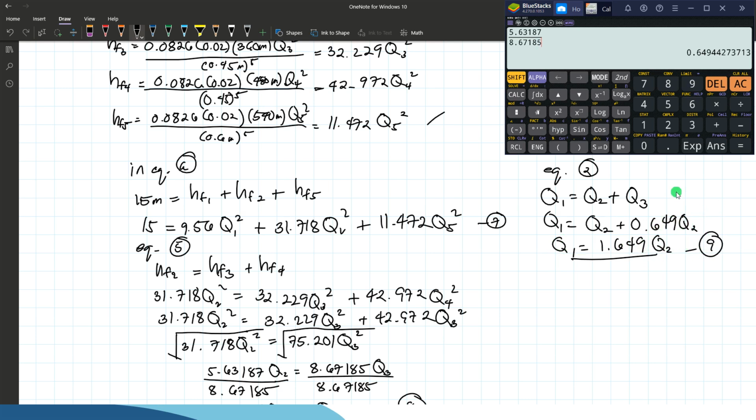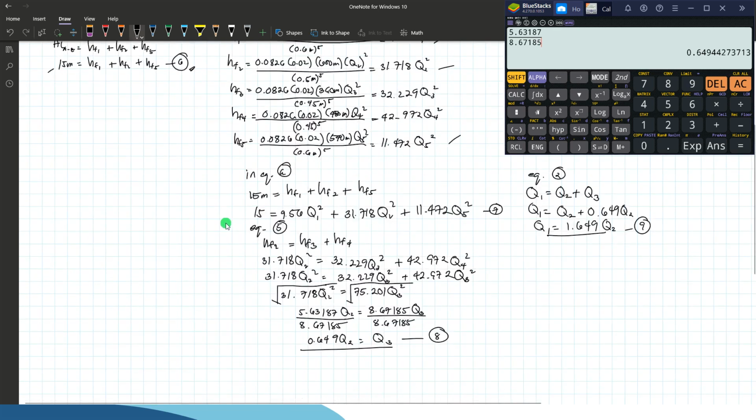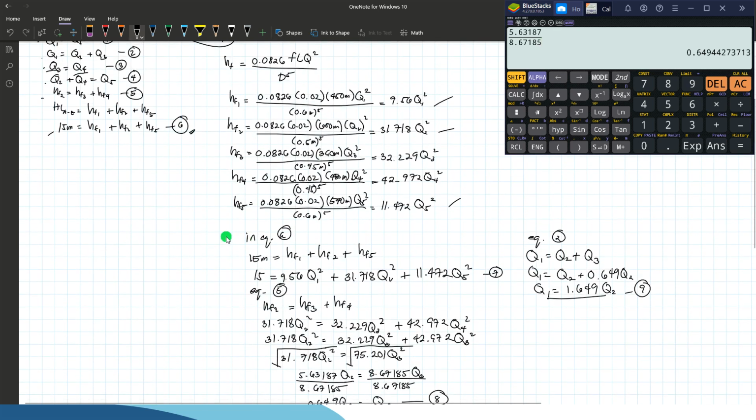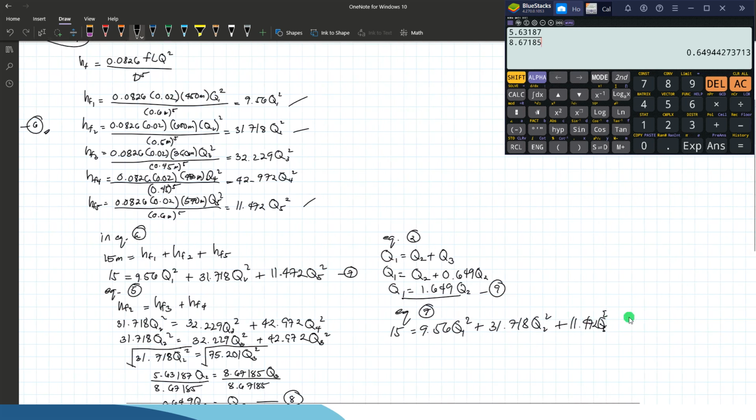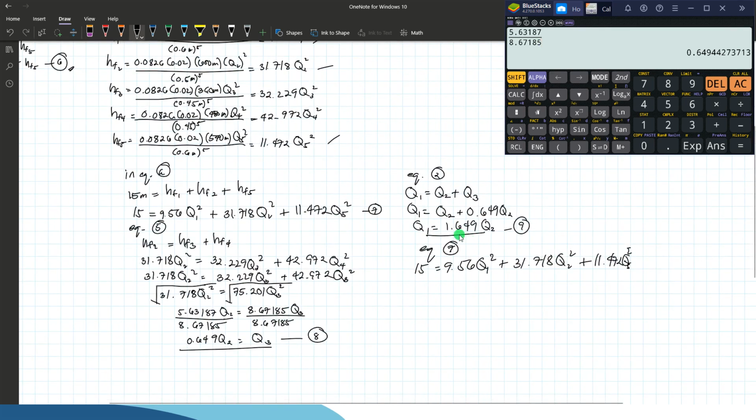Then let's refer again from our equations here. From equation number 7, which is 15 equals to 9.56 Q1 squared plus 31.718 Q2 squared plus 511.472 Q5 squared, we can now substitute Q1 in terms of Q2.